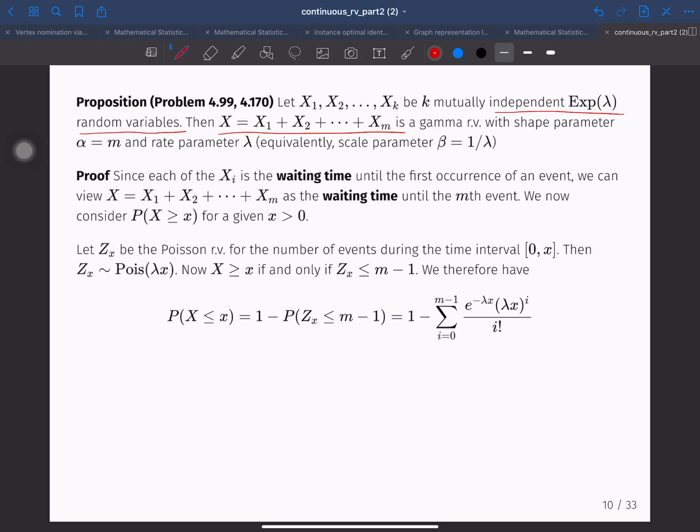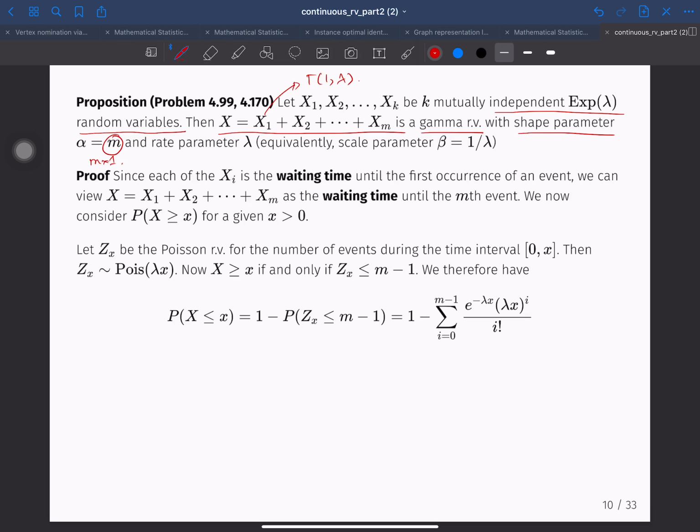So this sum of random variables turns out to be a gamma random variable with shape parameter m times 1, because each of these is gamma 1 with rate lambda.